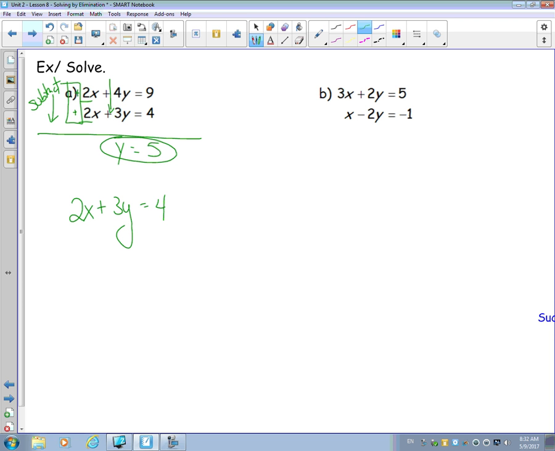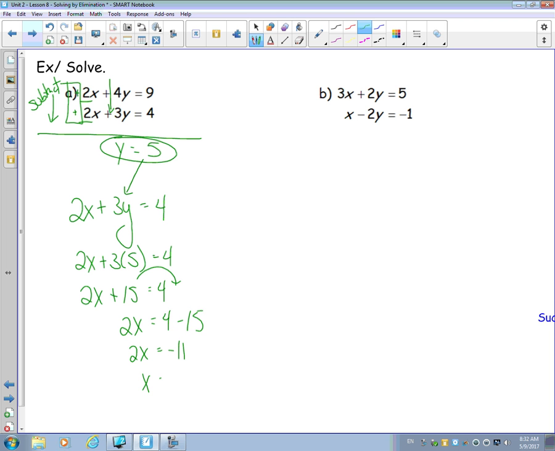And I know something. I know y is 5. So I can replace the y with 5. I want to get rid of my brackets, make it a little bit easier to work with. And I'm going to solve this. I'm going to put letters on one side and numbers on the other. So I'm going to bring the 15 over here. 4 minus 15 is negative 11.